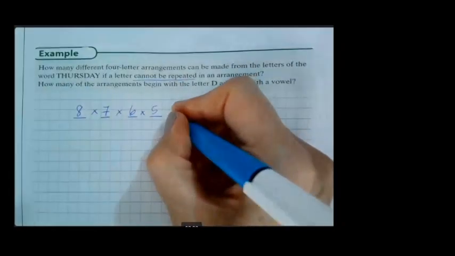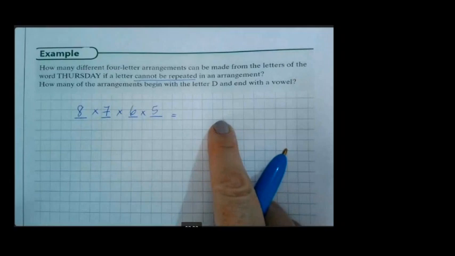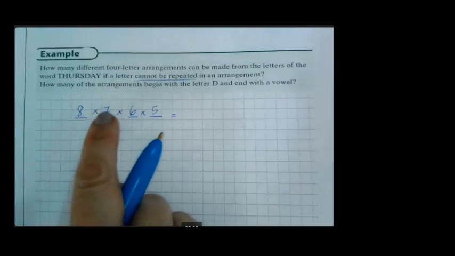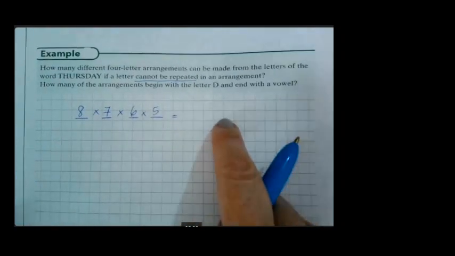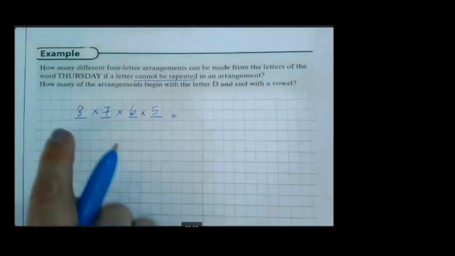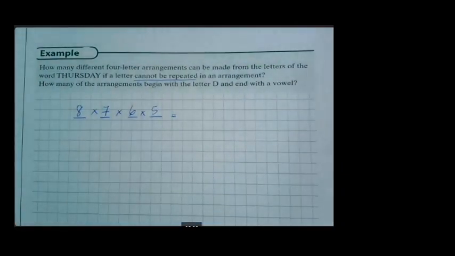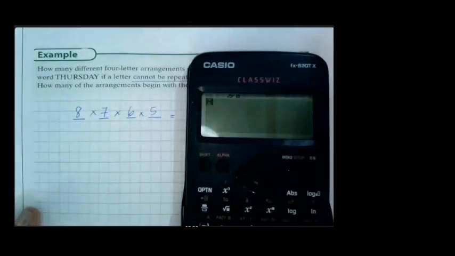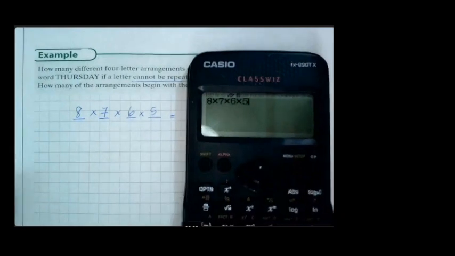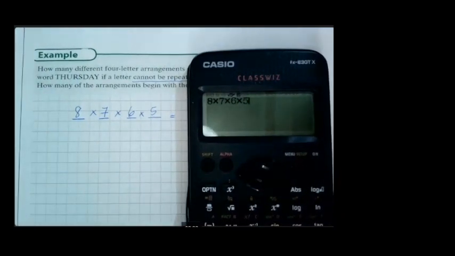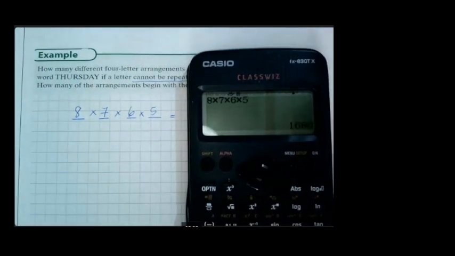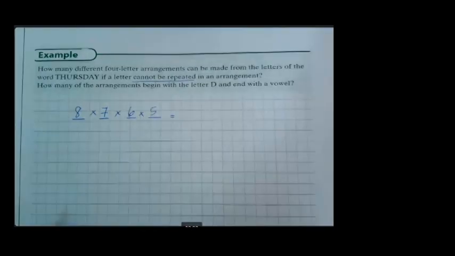So this time, it's not 8 factorial, because 8 factorial would mean it would have to go 8 times 7 times 6 times 5 times 4 times 3 times 2 times 1. We're not quite going all the way down to 1. We're just going 8 times 7 times 6 times 5. Which works out to be 1,680.